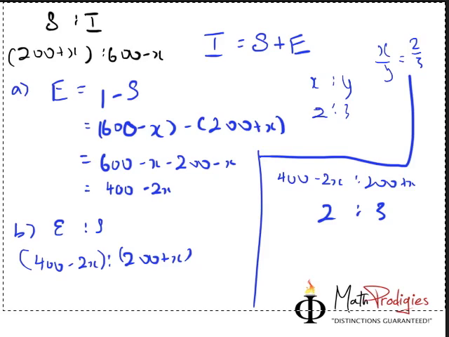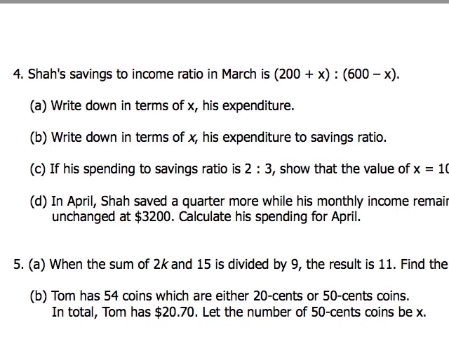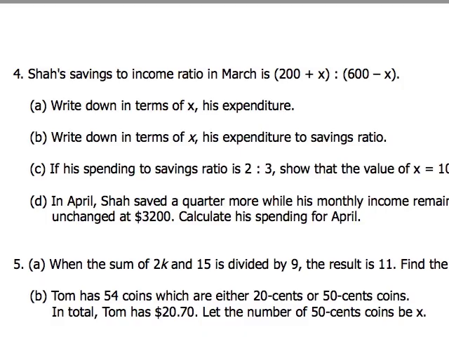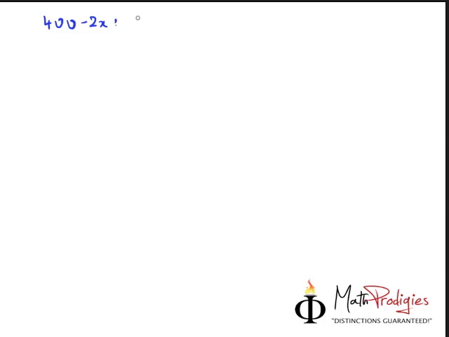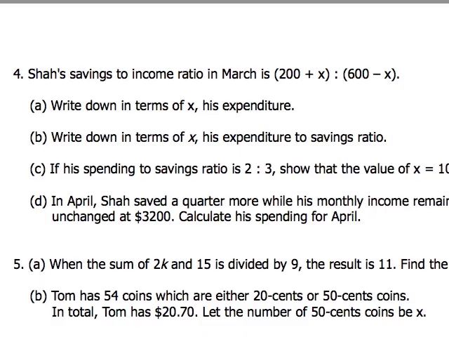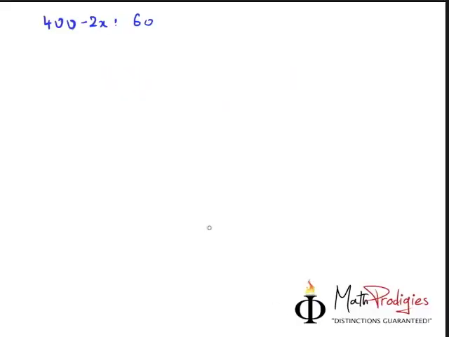For part C, I'm just going to erase everything because it requires a bit more working. So 400 minus 2x is to your savings, which is 200 plus x. Sorry, my friends, 200 plus x.